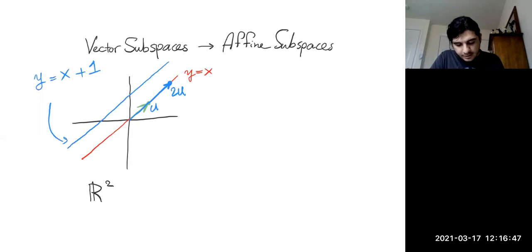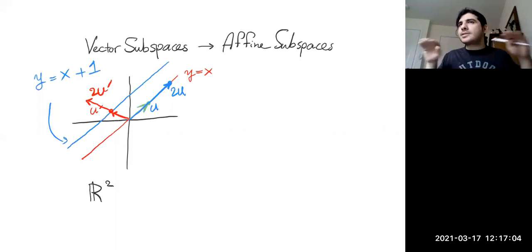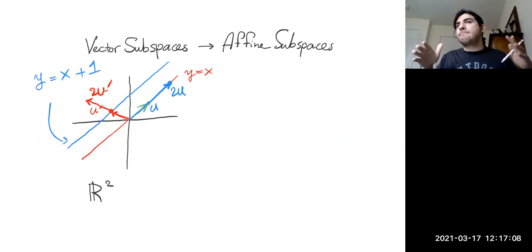If I take a vector in the blue space, u prime, and multiply that by 2, it would just scale it by 2, so that would be 2u prime. It's not inside this blue space anymore. So although it looks linear and flat like a subspace, it's not a subspace.